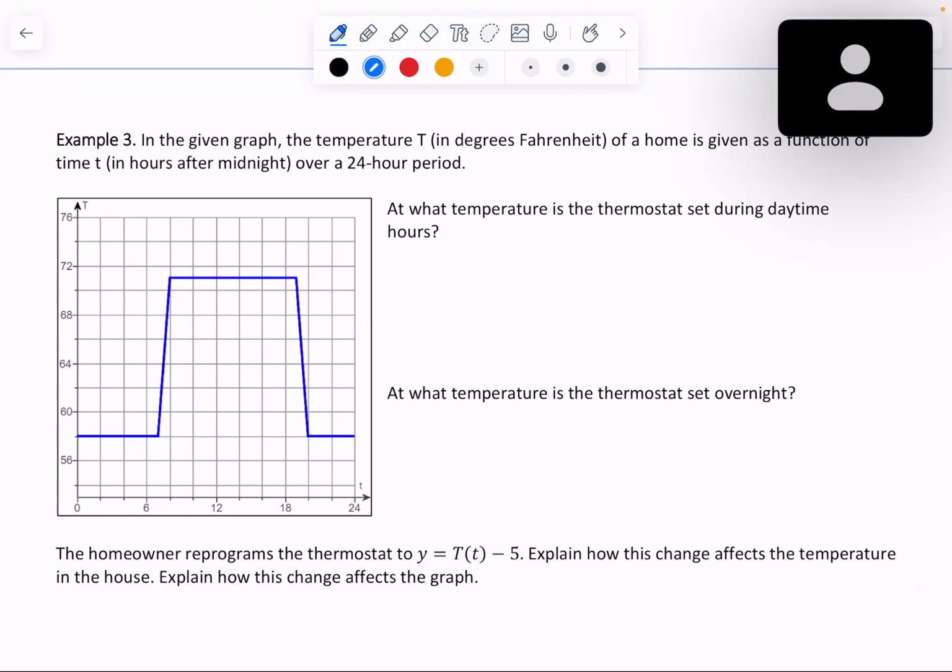Looking at the graph there, what is it? Not 70, it's close to 70. Anyone else have any other guesses? 71 is correct. So what is the temperature of the thermostat during the daytime hours? 71 degrees Fahrenheit.